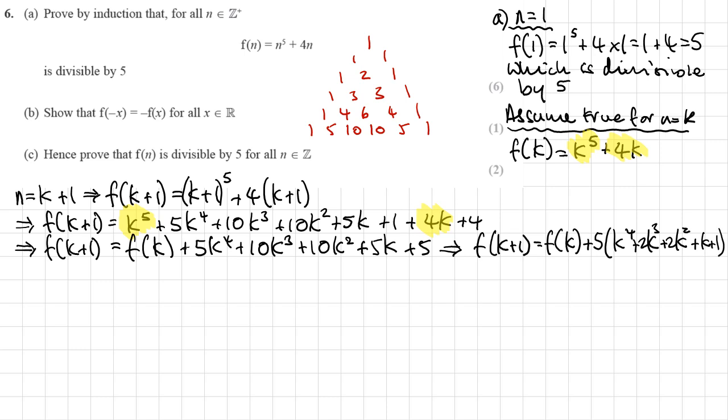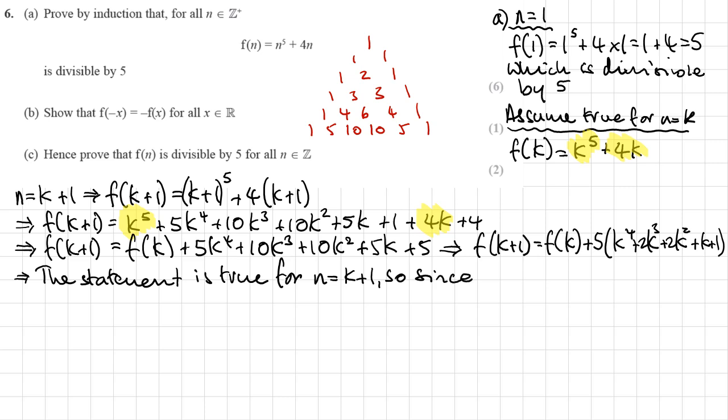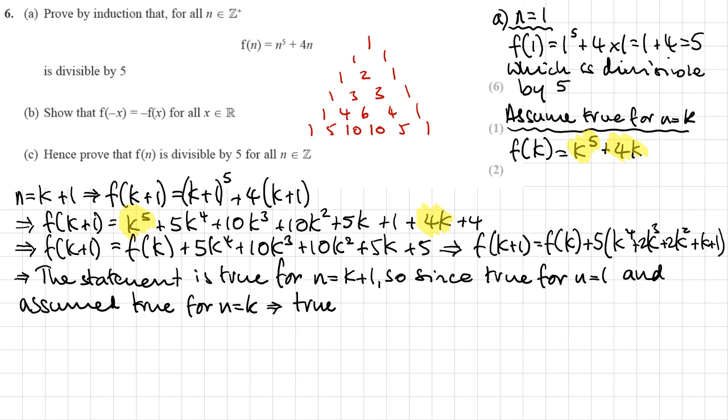So now we can write our statement: the statement is true for n equal to k plus 1. Since this statement was true for n equals 1, and assumed true for n equals k, it follows that it's true for n equals k plus 1.